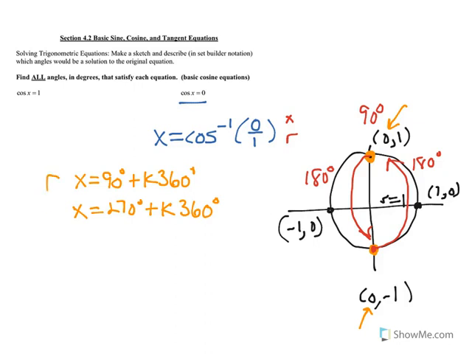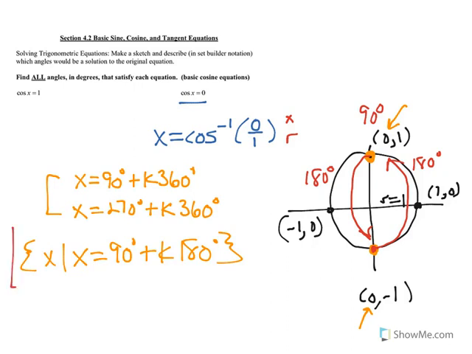So if we wanted to put these two together, we could go ahead and say that x is equal to, starting at 90, plus multiples of 180. And just this one statement will basically hit both those different solution points. So you only need that one statement for this one.